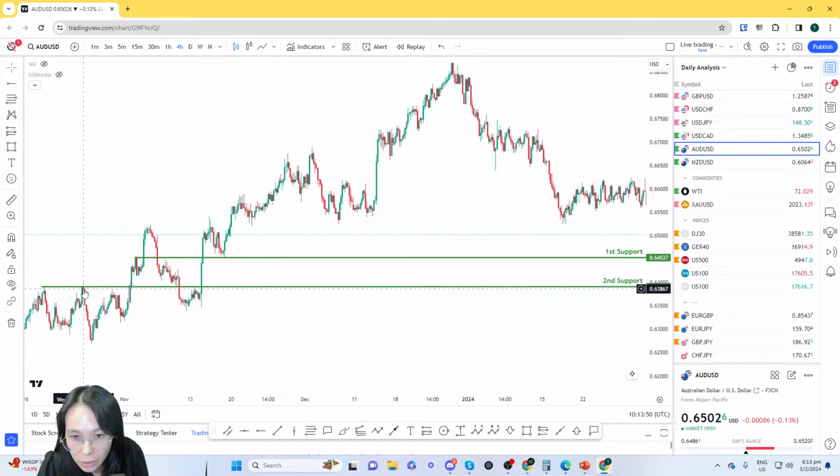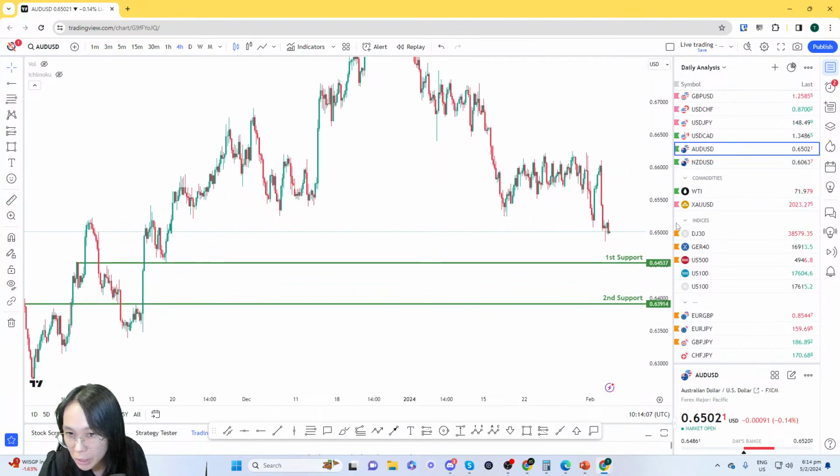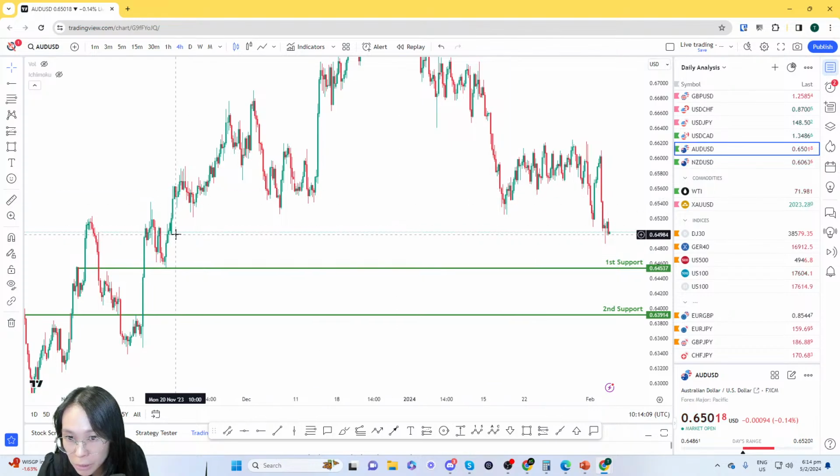A pullback and face rejection, pull back again, and finally breaks out. Over here, it has also faced some rejections. The price also bounced off the level here, so it's a nice overlap support. So these are my two support levels for the Aussie dollar.